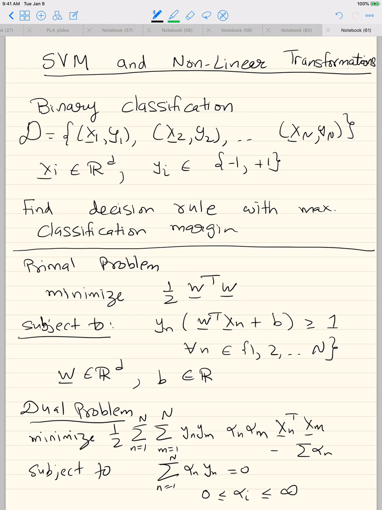So in this dual formulation, our variables are these alpha variables. These are the dual variables, and there are N of them, one for each training point, and you have to minimize an objective function that looks like this.